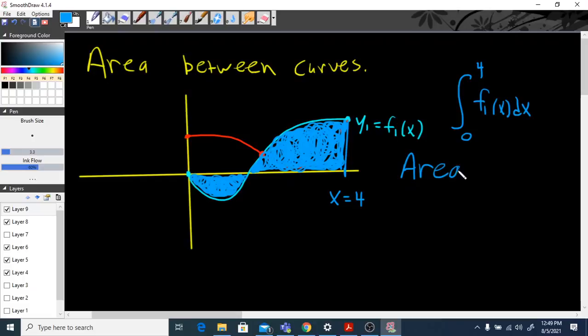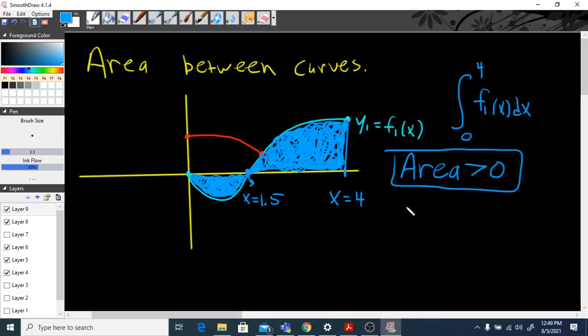Area must be positive. And so what we really have to do, and let's just say for simplicity's sake, let's say this is x equal 1.5.